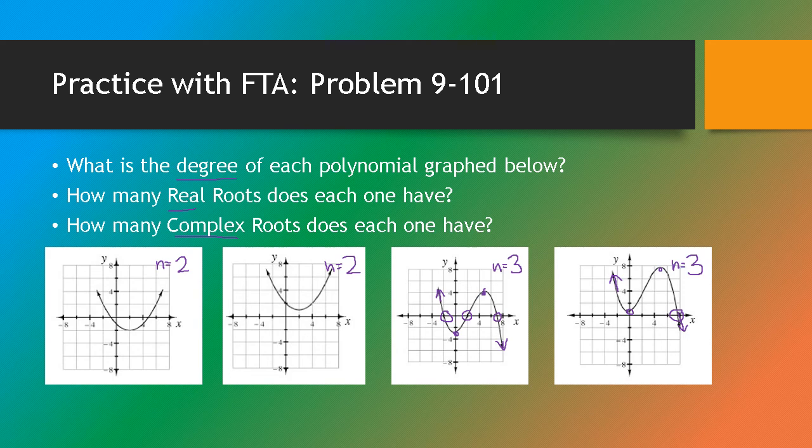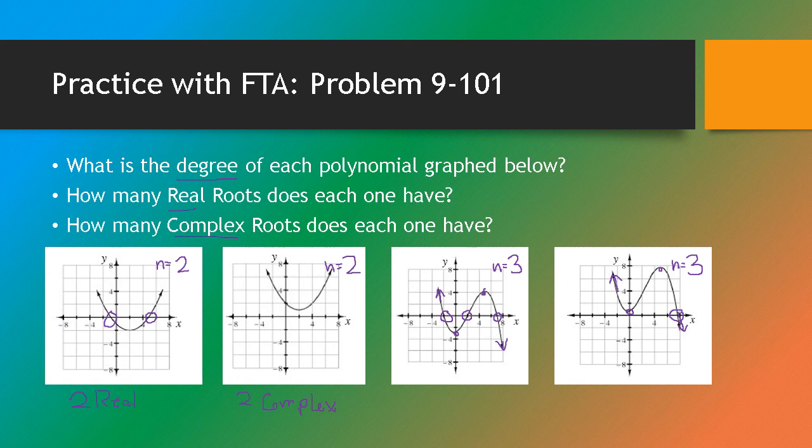In this first parabola, since I can see 2 x-intercepts, we would say that this one has 2 real zeros, because they are x-intercepts. But the second one, I don't see any x-intercepts, so my conclusion is 2 complex zeros.